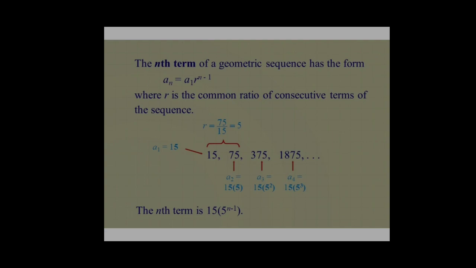First we divide the second term by the first term, 75 over 15, which equals 5. Let's try again: 375 divided by 75 is also 5. So the common ratio is 5.